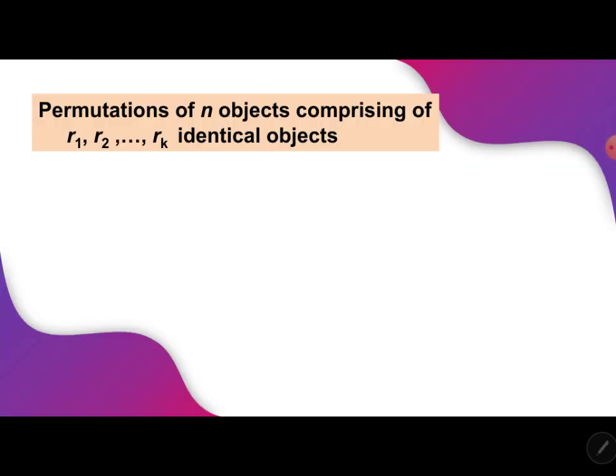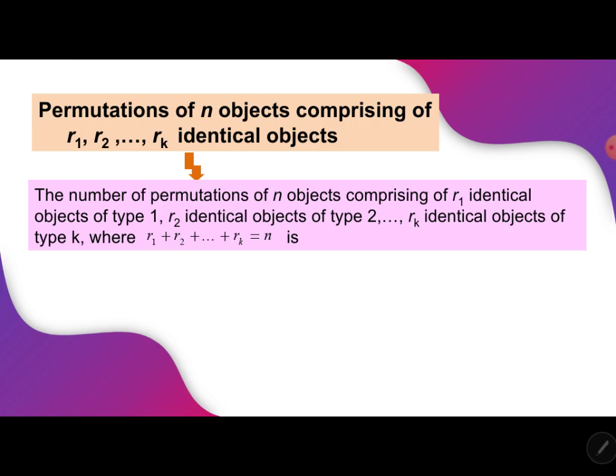Okay. Permutation of objects comprising r1, r2, up to rk identical objects. This is learning outcome D. So the number of permutations of objects comprising r1 identical objects of type 1, r2 identical objects of type 2, up to rk identical objects of type k, where r1 plus r2 plus so on equals n, is n factorial divided by r1 factorial, r2 factorial, up to rk factorial.